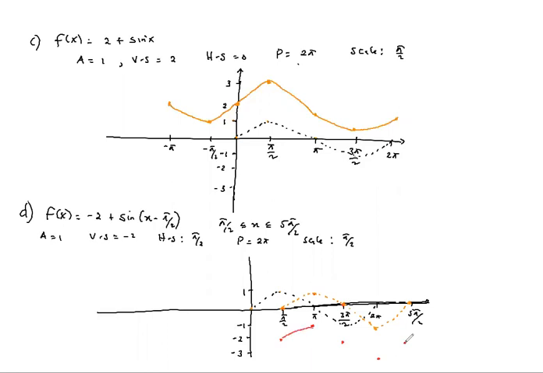So it's going to be this point here, like that. So that everything must make sense, bordering on this line. Okay. So that was the solution for D.